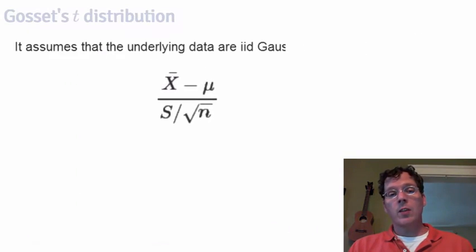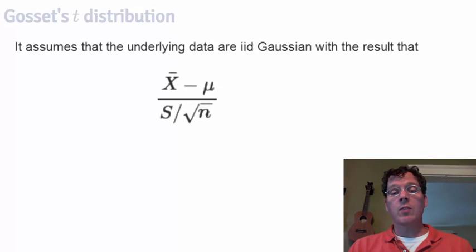The reason for the t-distribution is as follows. If we take x bar, subtract off the mean, and divide it by the estimated standard error for IID Gaussian data, it in fact is not Gaussian distributed. If we replaced s by sigma, it would be exactly standard normal.